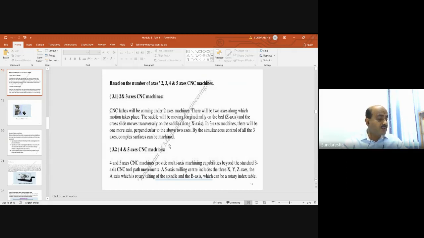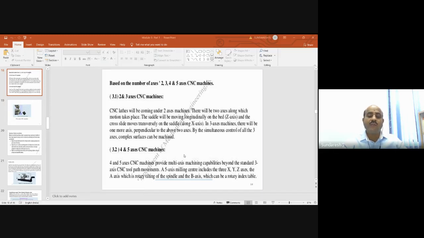Moving on to the next type of CNC machine, which has higher axes: the 4 and 5 axis CNC machines. In this classification, the CNC machines provide multi-axis machining capabilities. Multi-axis means, apart from the standard 3-axis CNC machine tool path movements, you can have rotational movements also, just like a 5-axis milling machine.